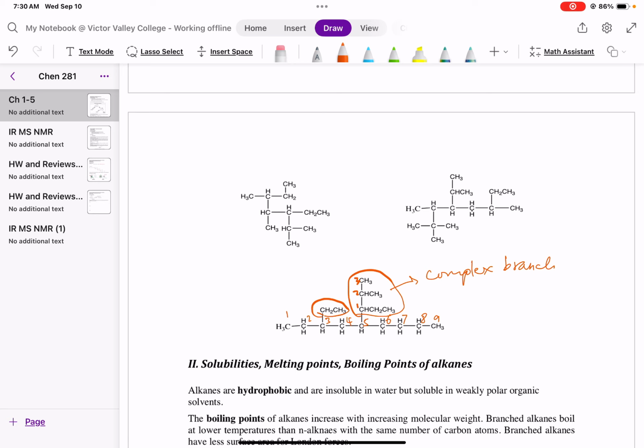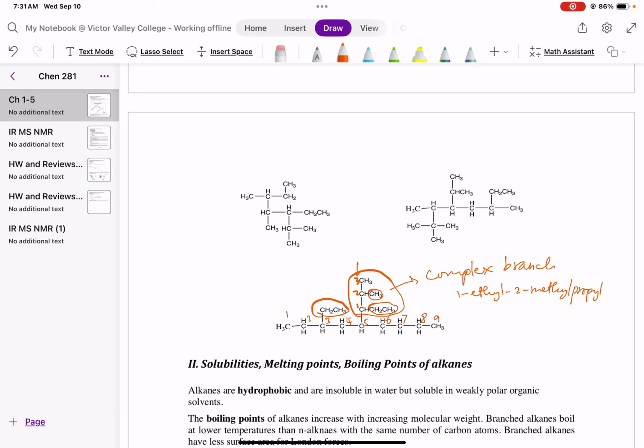So this branch has 2 more branches. So that will be a 1-ethyl, 2-methyl, and it's a 3, so it's a propyl.